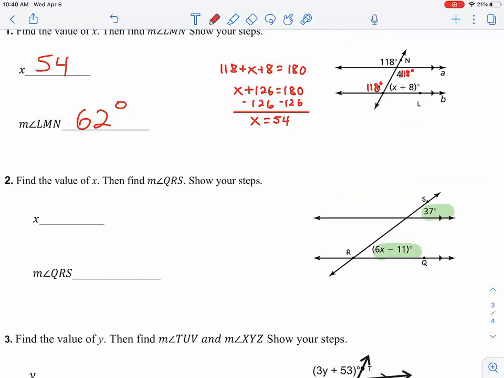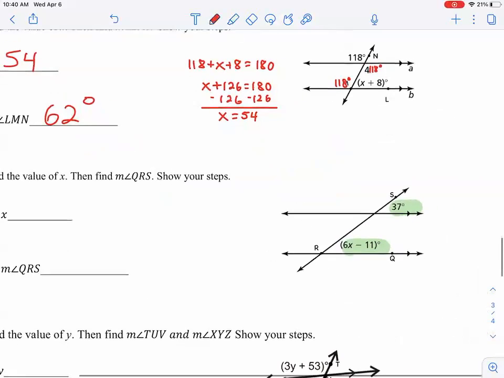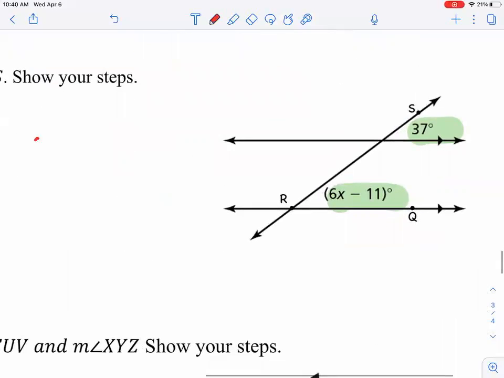So my equation then is going to be 6x minus 11 equals 37. Okay, they don't add up to 180, they equal each other. And that's going to be what you're going to have to be able to indicate. Do they add up to 180 or do they equal each other? Just think acute or obtuse. If they're both acute, they're going to equal each other.